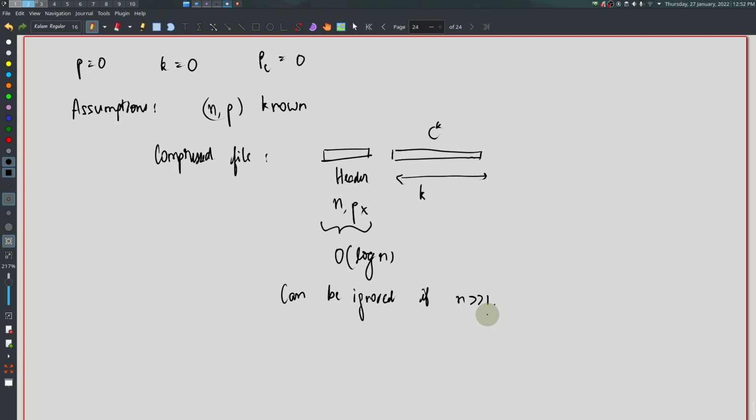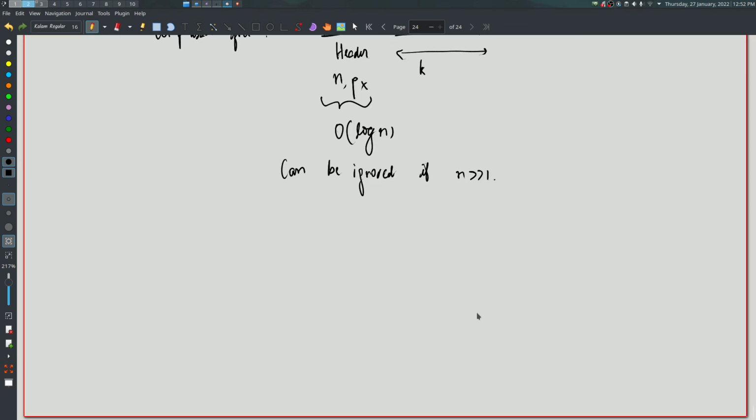Okay, so again, you have to be a little careful with that. The assumption is that you're measuring in terms of bits, right?